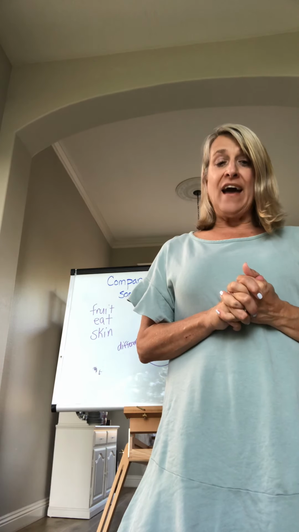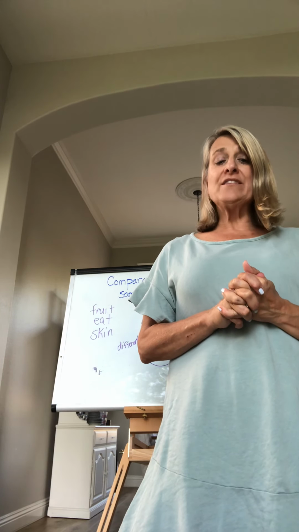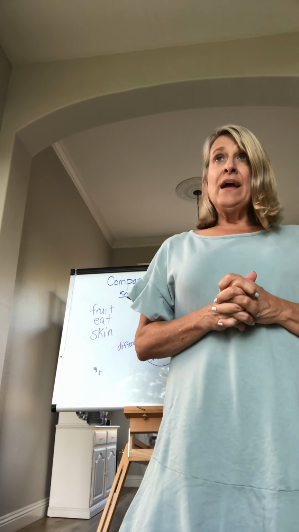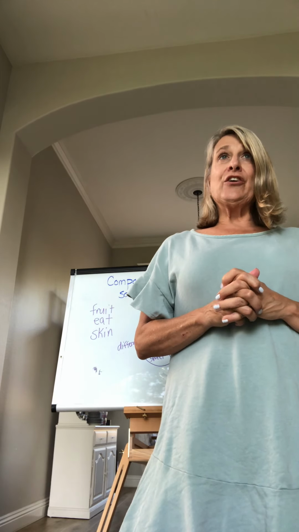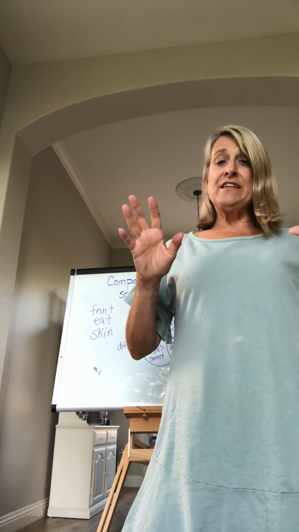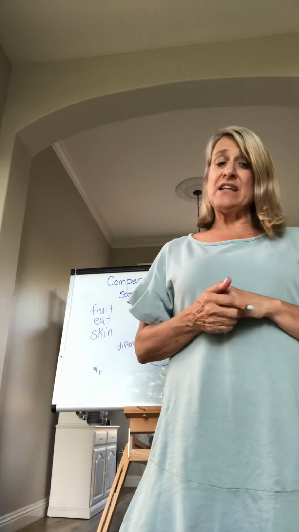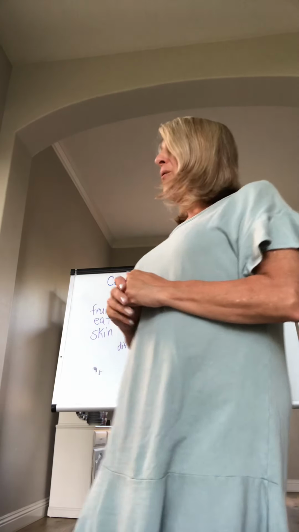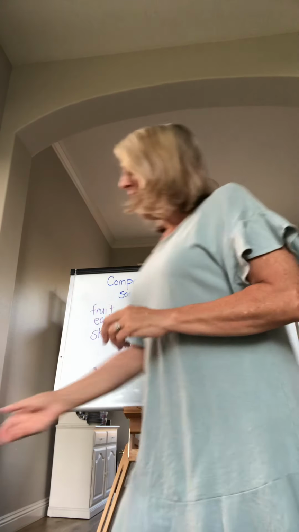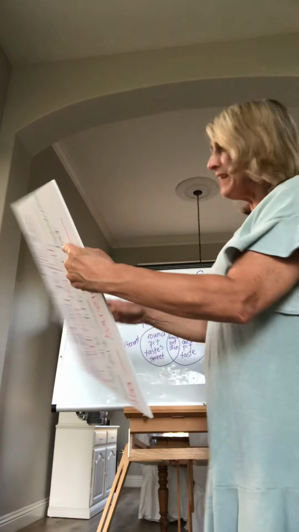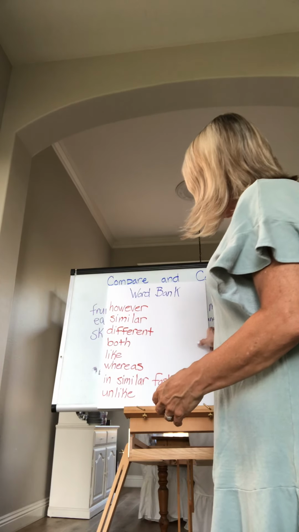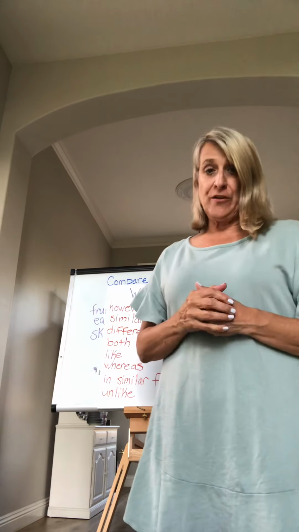But before we do that, I want to talk a little bit about the writing. You're going to have all your information on the Venn diagram, but putting it together in sentences is kind of a whole other thing. So I have given you a word bank of words that will help you in your writing.